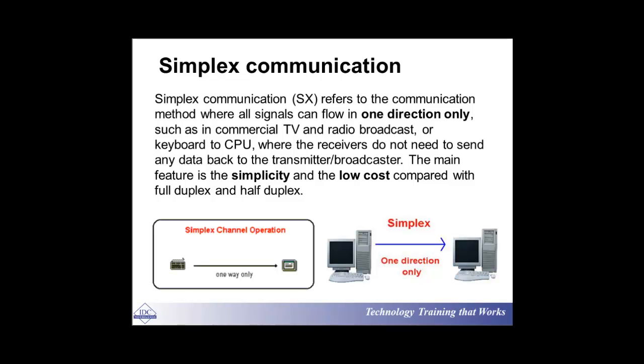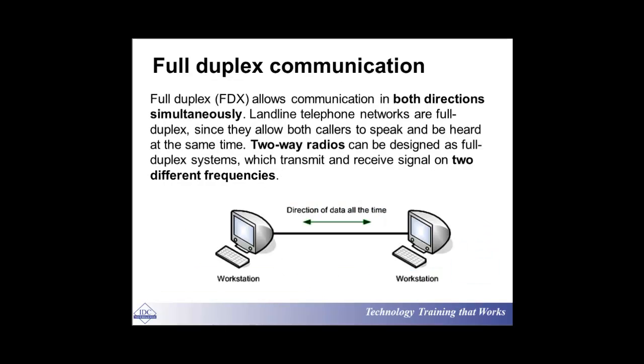But on many occasions this is not the case. On many occasions the nodes, the points on the system, need to communicate the information as a two-way street, not just one direction. In that case you need to have duplex communication. That duplex communication could be half duplex or full duplex.